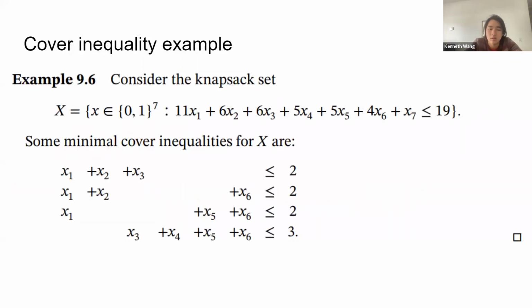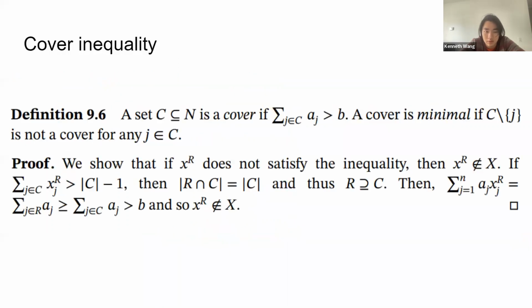Sure. So, from what I understand, you create the first valid inequality by saying, let's look at x1, x2, x3. The coefficients of it in the constraint are 11 plus 6 plus 6, which is 23. So that's greater than b, which is 19 here. So therefore, x1, x2, x3 is a cover, right?